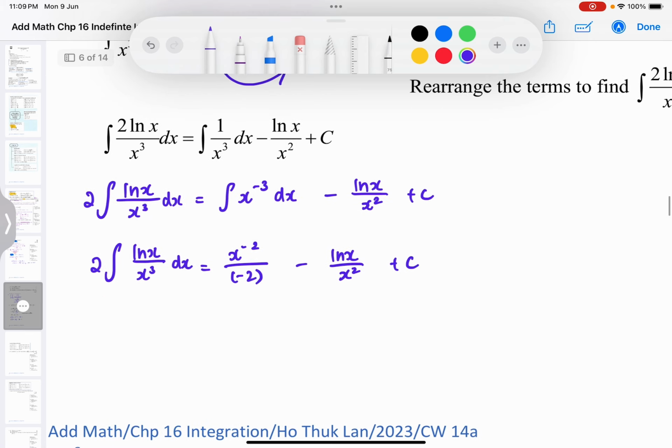Then at the same time, I'm going to divide the entire expression by 2. This is the one that I want. So negative 1 over 4x squared minus ln x over 2x squared plus c. That's our answer for part 2.